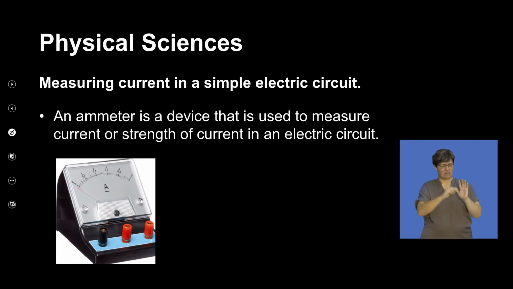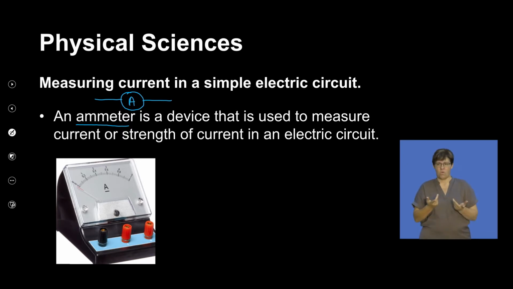We have already indicated that an ammeter, whose symbol is an A inside a circle, connected at a point, is a device that is used to measure current or strength of current.